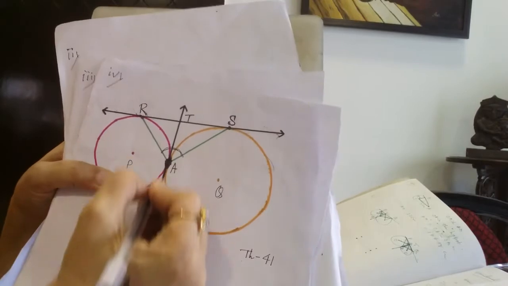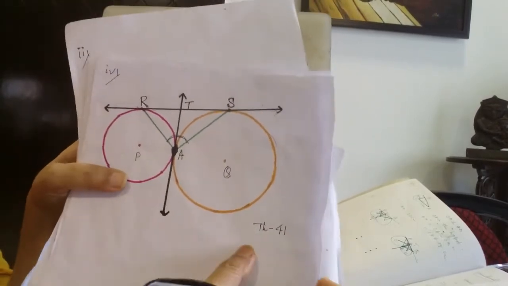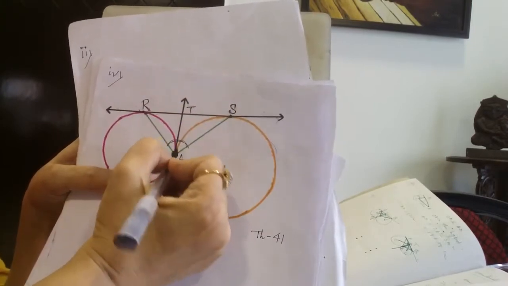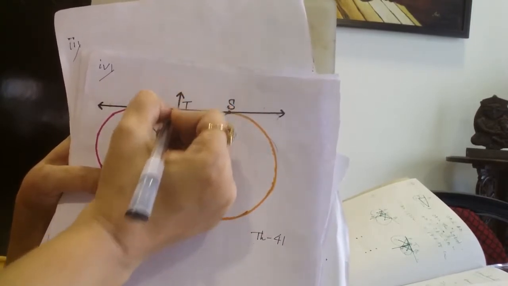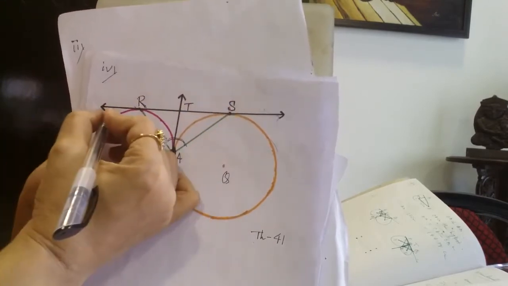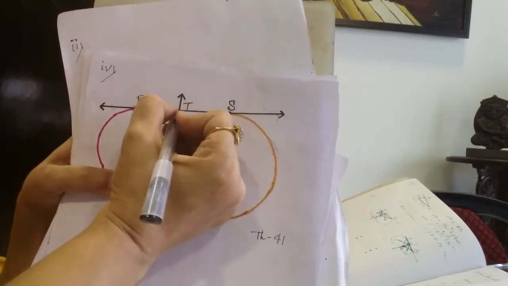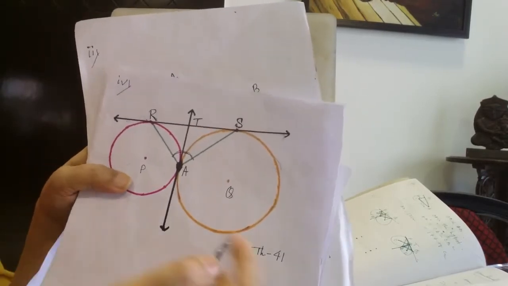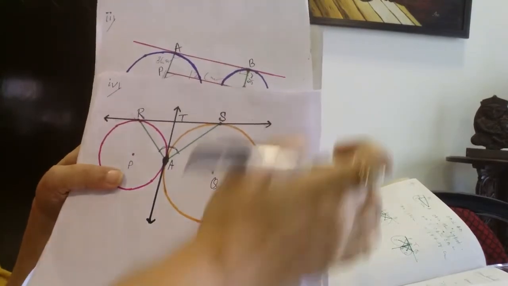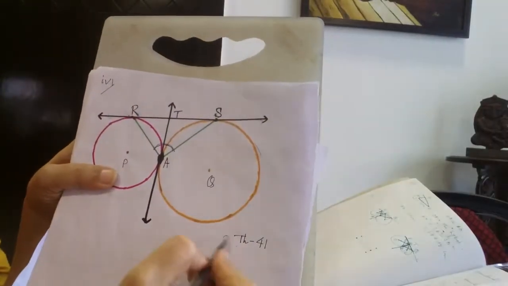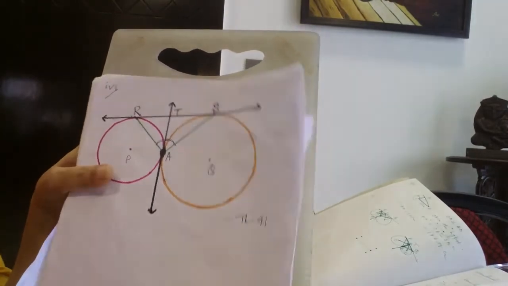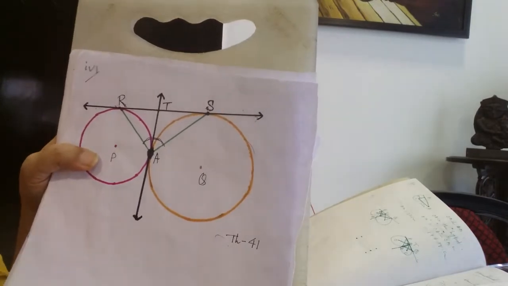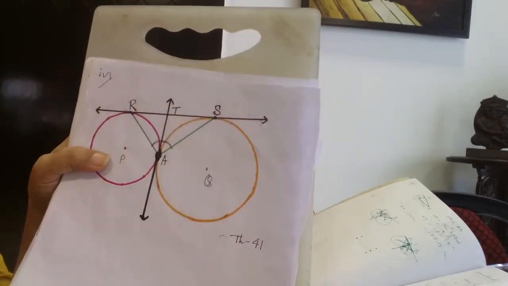Now see, for this calculation, I have drawn another tangent through A. I have drawn another tangent AT which touches the tangent RS at the point T. Now you see, from theorem 41, we know if two tangents are drawn from an external point, then the lengths of the tangents will be equal.